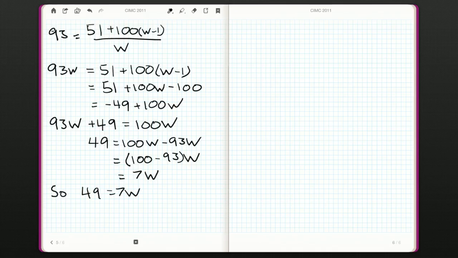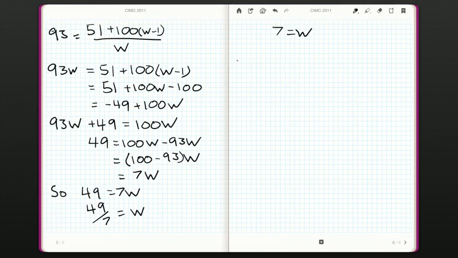To isolate that W by himself, we need to cancel out this multiplies by 7. So we divide both sides by 7. So W is equal to 7.